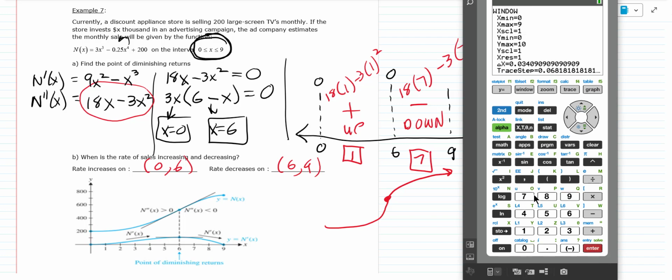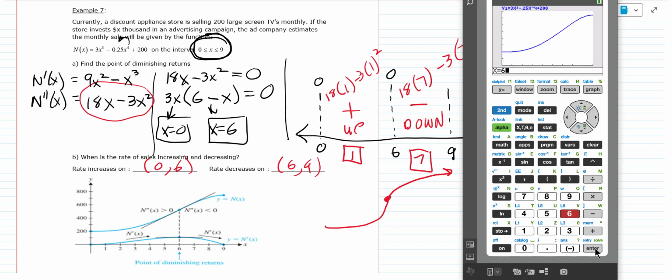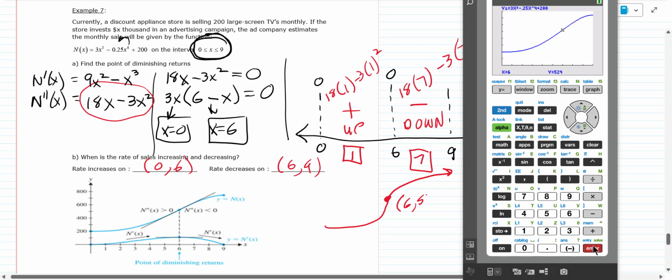You don't have to do this on the calculator. I just want to show you what happens in the problem. Here's my graph. If we trace at 6, that gives you your inflection point. So that point right there, 6, 524, would be your point of diminishing returns.